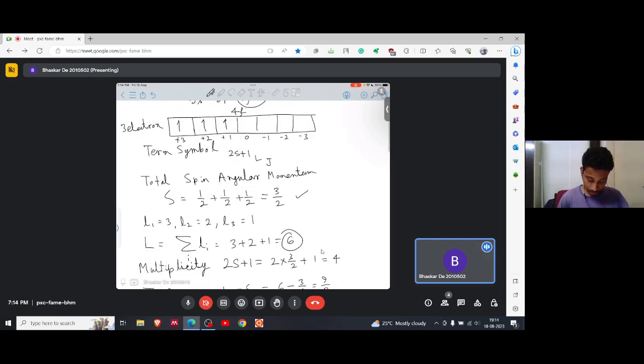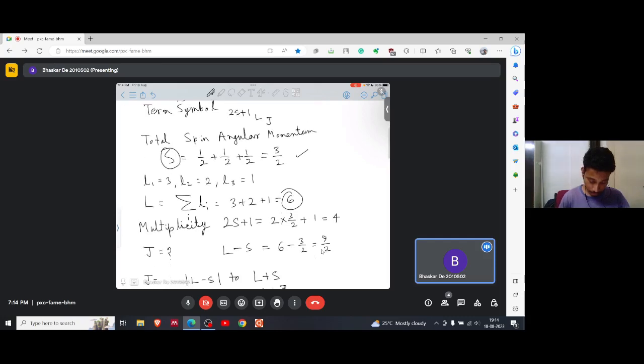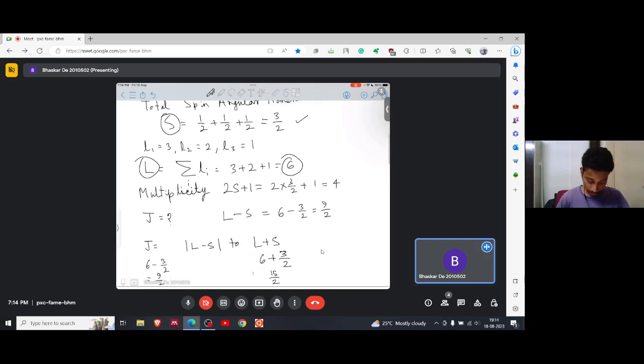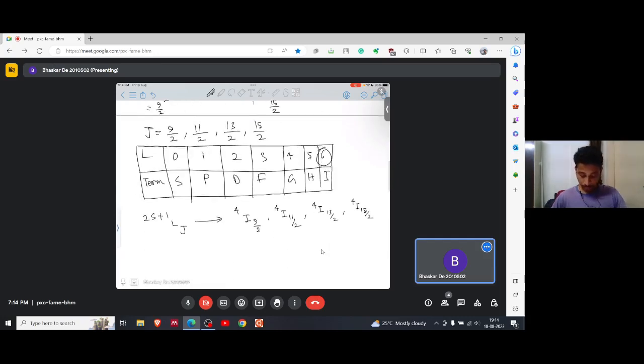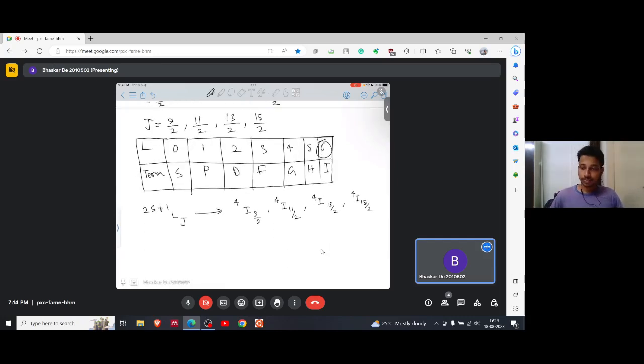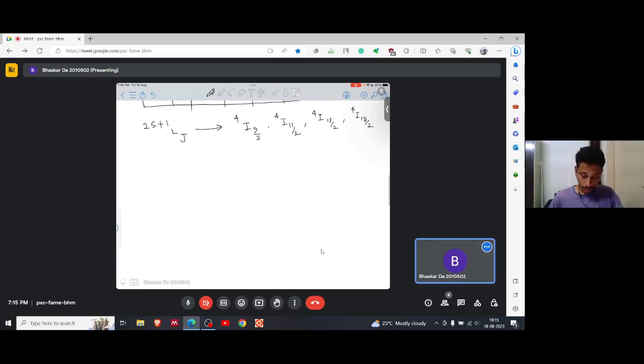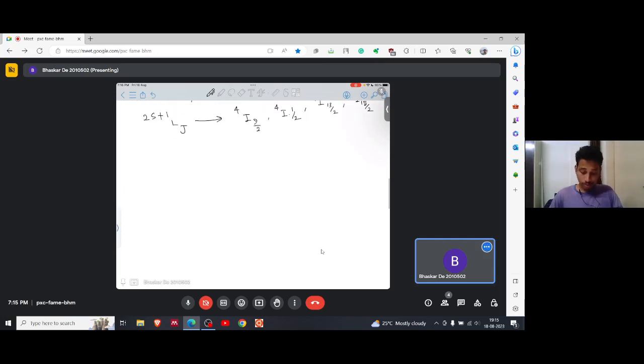From that I have calculated the total spin angular momentum S and total angular momentum L. Then I calculated the multiplicity, and then the value of J, which is from L minus S to L plus S. So this was the revision based on last week's video.